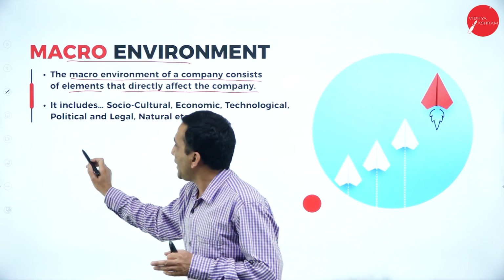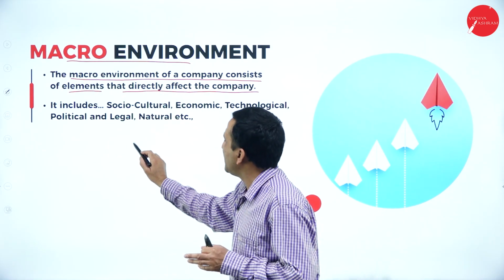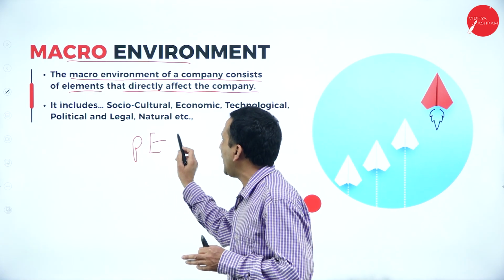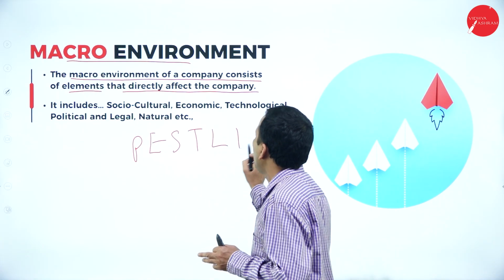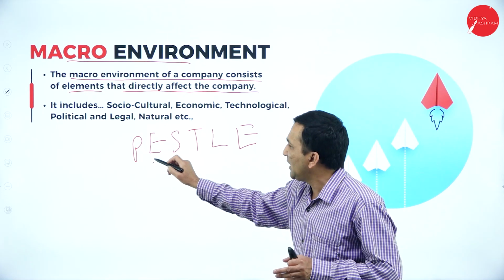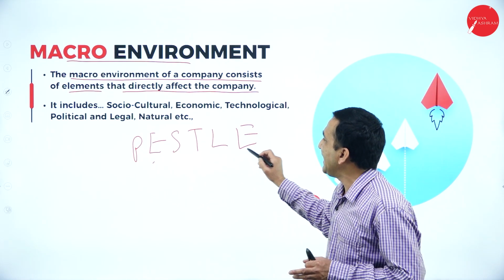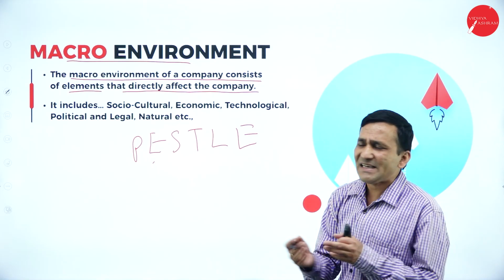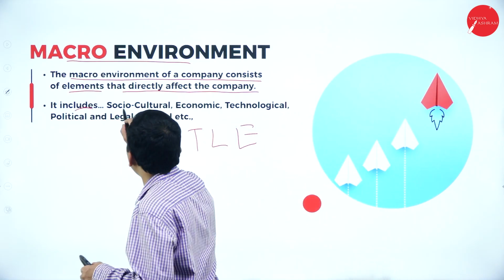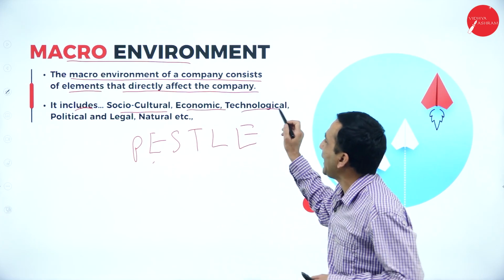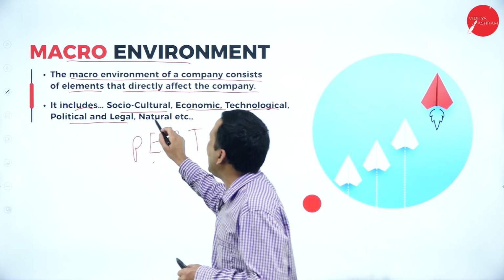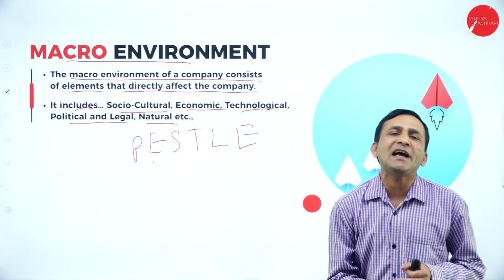So here you can remember the macro factors, which come under PESTLE. You have to remember PESTLE, which stands for political, economical, social, cultural, technological, legal, environmental. So what exactly is included? Social culture, economical, technology, political and legal, natural, even the international.